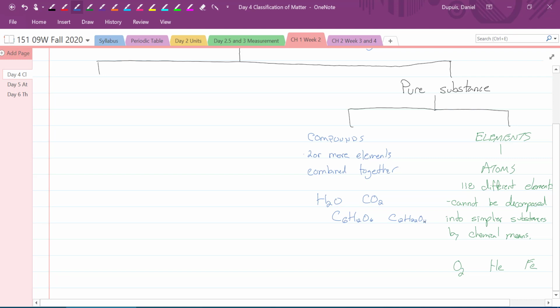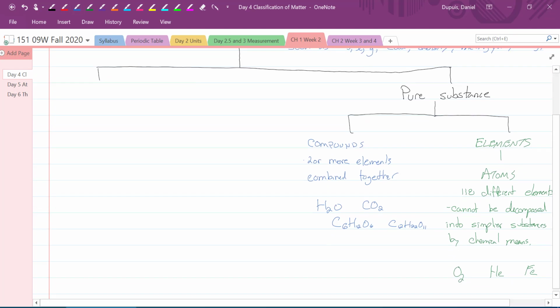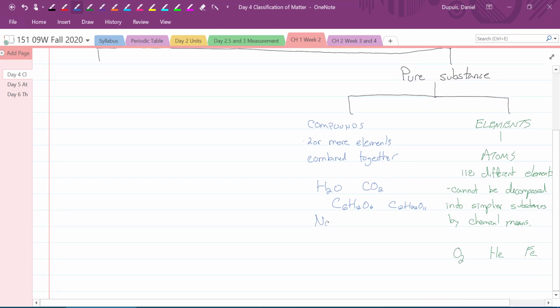Those are some compounds we know. So compounds, elements. Another one, CaCO3. So I have water, table salt, and limestone.